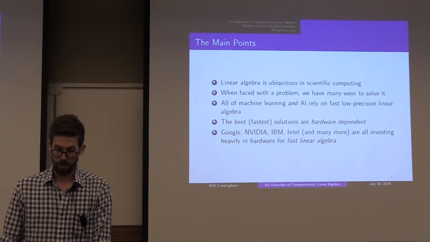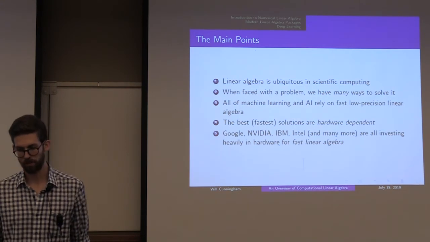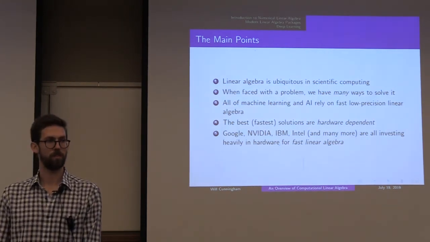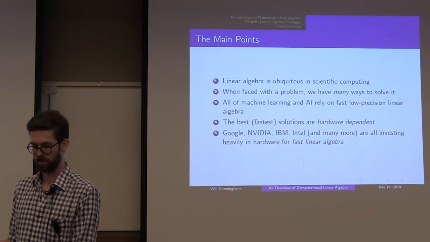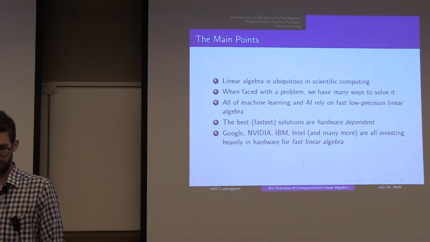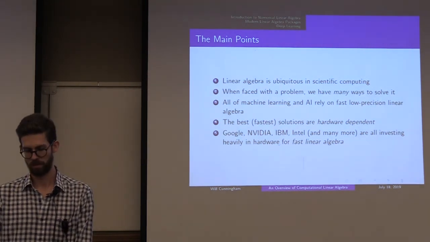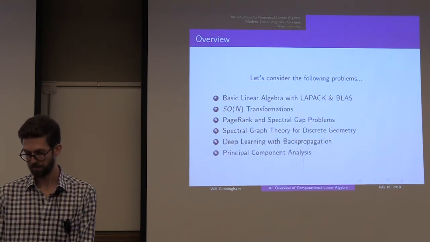And because of that, Google, NVIDIA, IBM, Intel, all these other companies are investing heavily in hardware for this. So if you've heard of tensor processing units, similar to graphical processing units, this is sort of the new hardware that's being designed to solve these problems in the best way possible.